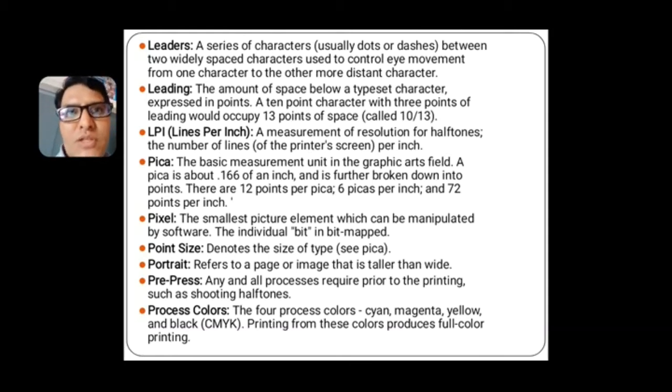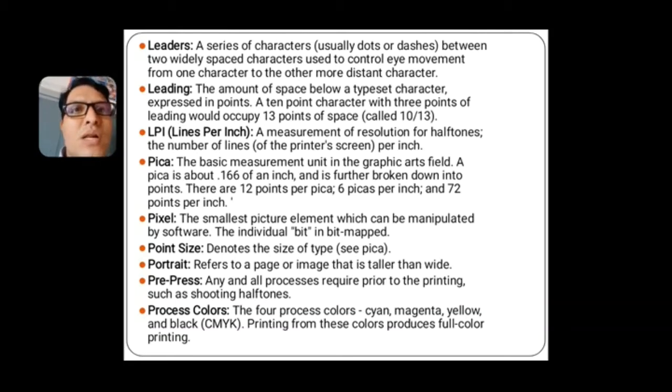Whenever we have two widely spaced characters and we want to control eye movement from one character to another, we use the leaders. It is just like a line within which we are fitting our characters.